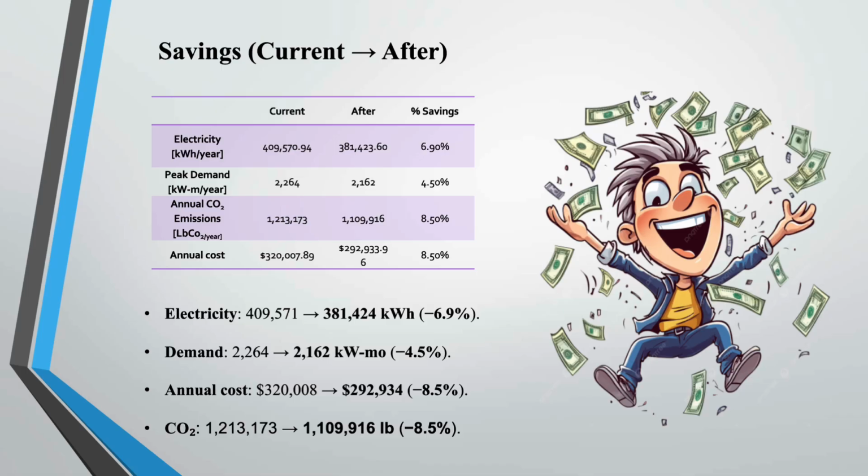Most importantly, the facility total annual energy cost dropped by 8.5%. This saves roughly $25,000 per year. We also see a matching 8.5% reduction in the total carbon emissions. This proves the project is both profitable and sustainable.